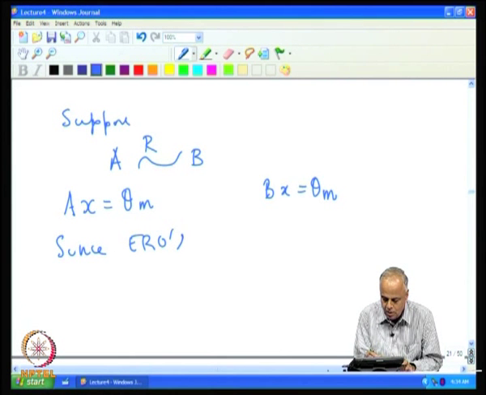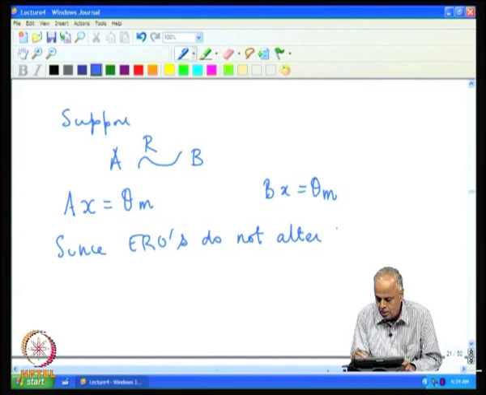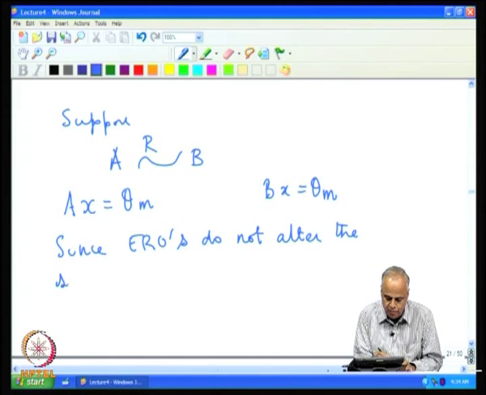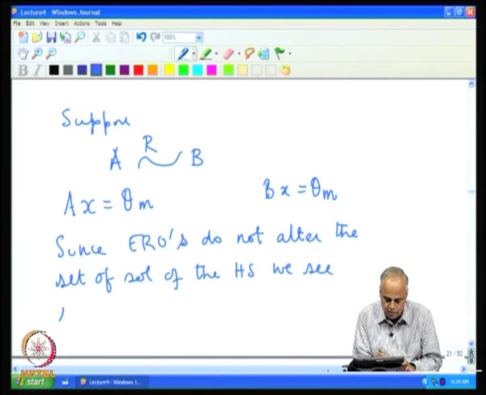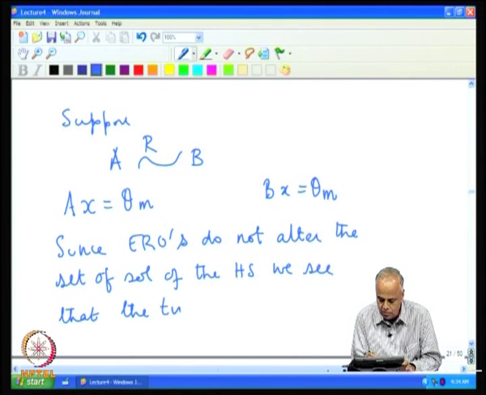Since EROs do not alter the set of solutions of the homogeneous system, we see that the two systems have the same set of solutions.